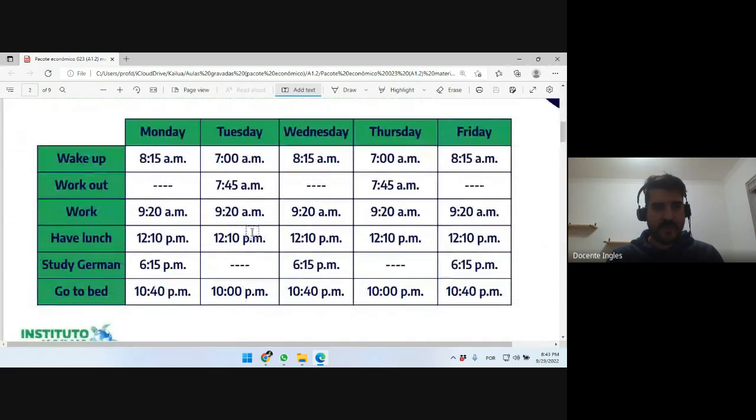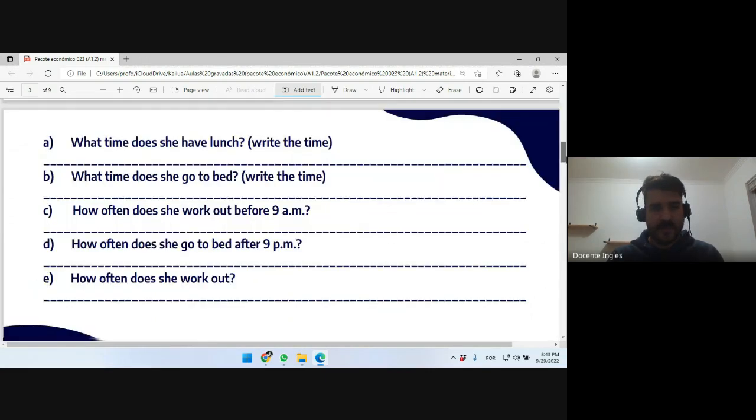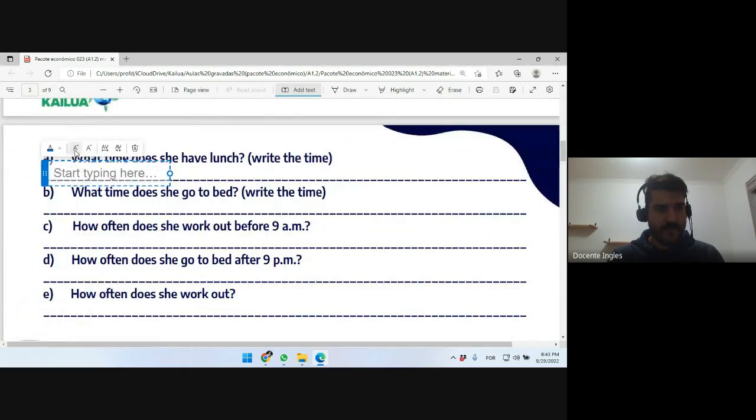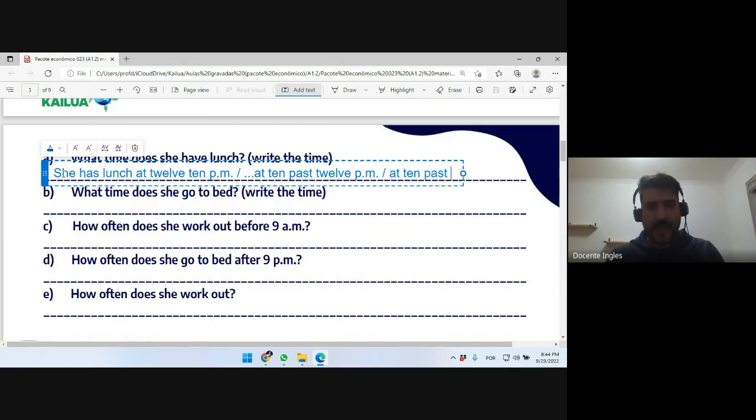In the schedule, have lunch, 12:10 p.m. So, she has lunch at 12:10 p.m. or at 10 past 12 p.m. or at 10 past midday. And the synonym of midday, noon.